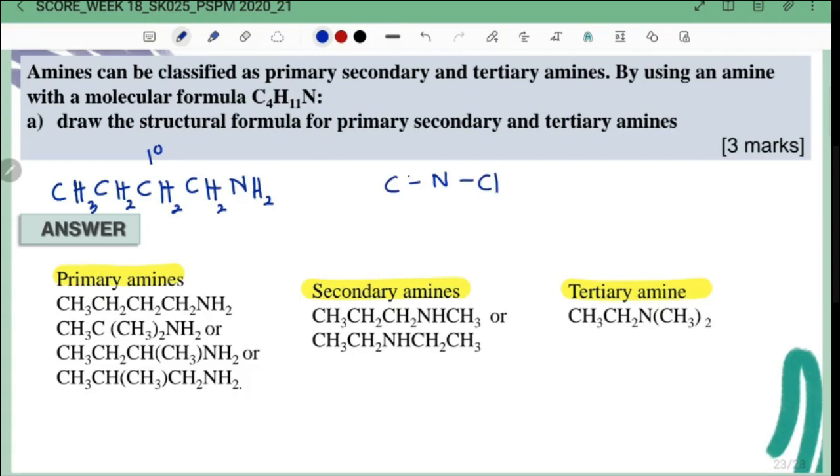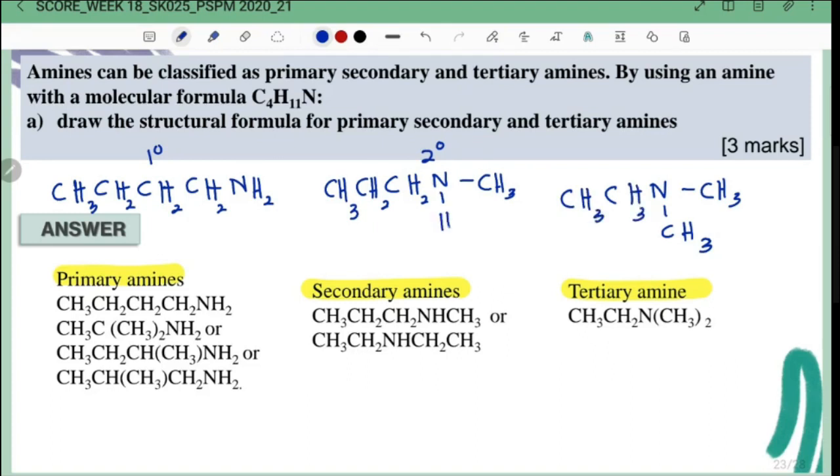This one is 1 CH3, and the rest, 4 minus 1 equals 3 carbons. This one is secondary. And the last one is tertiary, N bonded to 3 carbons. So CH3, CH3, and the 4 carbons should have another 1 carbon, and fulfill the hydrogen atoms. So this one is tertiary.